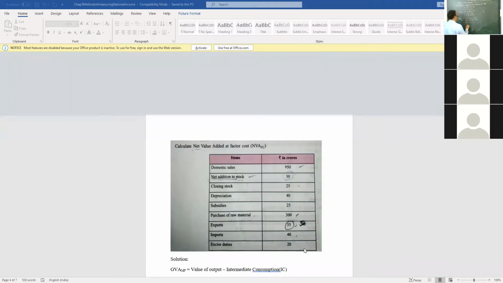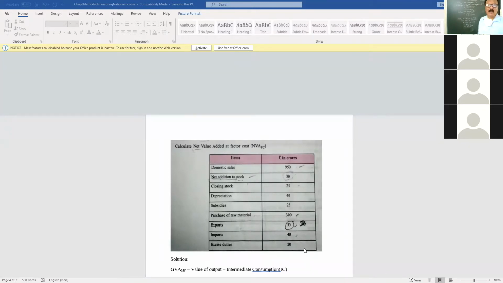So that is 720 minus 40, which is 680 crores. So your net value added at factor cost is 680 crores. I will explain it again.